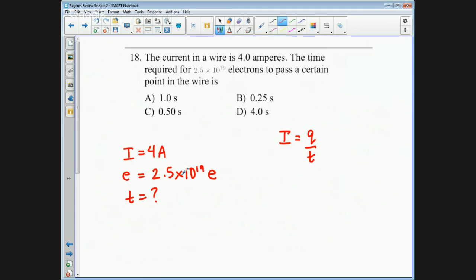We need to convert these elementary charges into coulombs. And the way we do that is just by multiplying by 1.6 times 10 to the negative 19. So 2.5 times 1.6 equals 4 coulombs. Okay, so solving for time, we get charge over current, which is 4 coulombs divided by 4 amperes, which equals 1 second. So the answer is A.